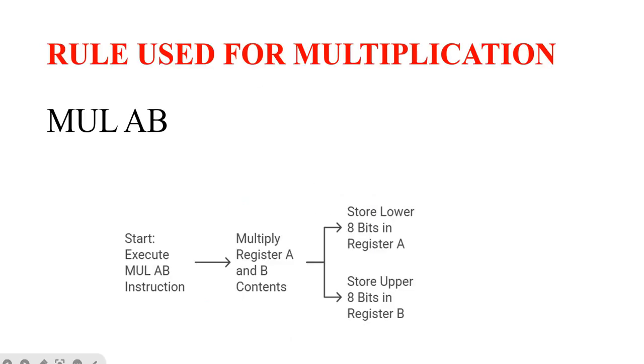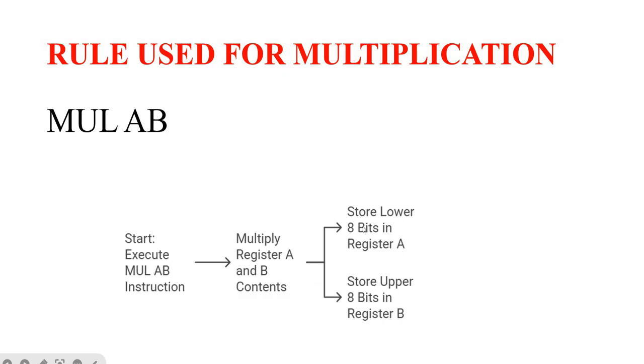So here the instruction we are using for multiplication is MUL AB, that is, the contents of A and B are multiplied. The rule for multiplication is that the two numbers must be in the accumulator and the register B. Once you multiply the contents of the accumulator and the register B, you get a 16-bit result.